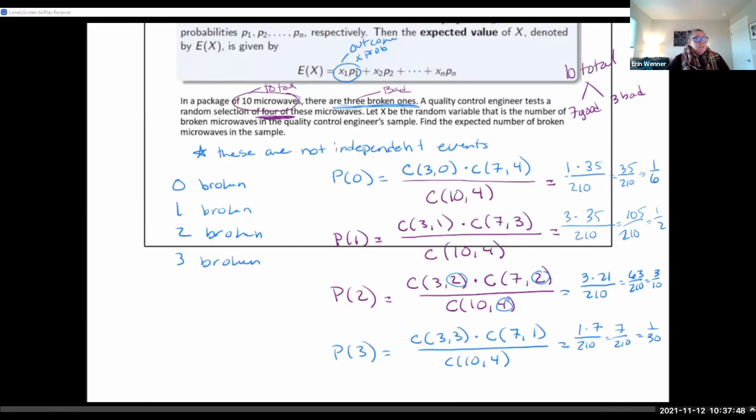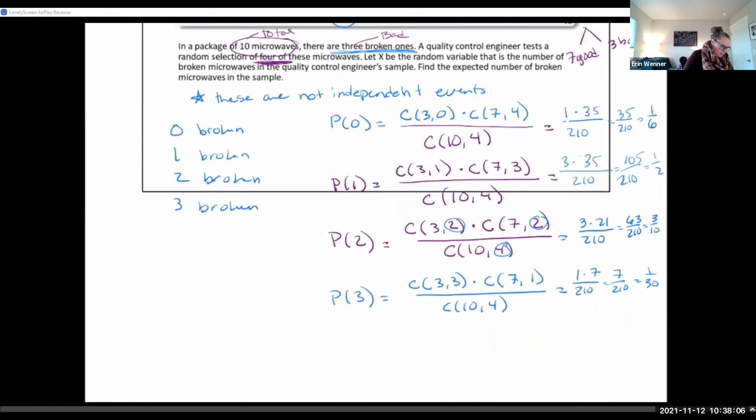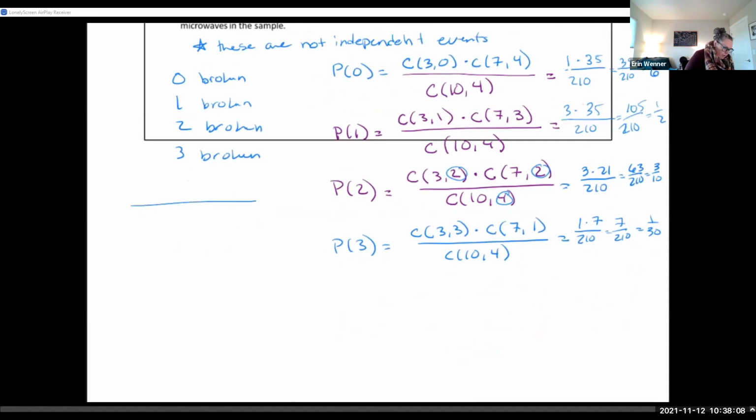So the probability of 0 is 1/6. The probability of 1 is 1/2. The probability of 2 is 3/10. And the probability of 3 is 1/30. So if we write a probability distribution for the random variable x, that distribution is going to look like this.